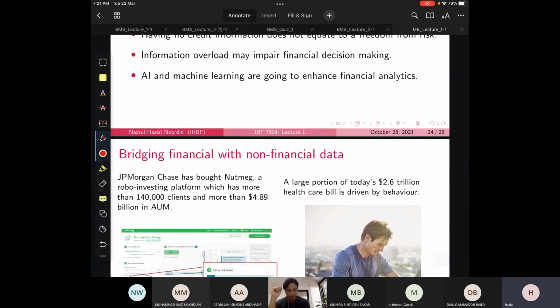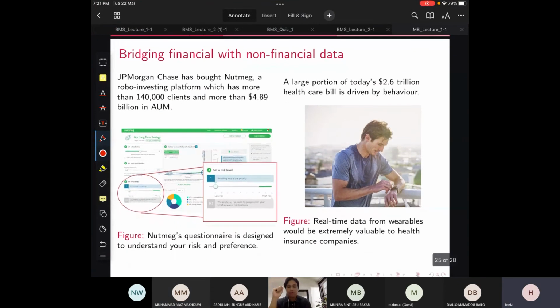Okay, all right. So now we have this kind of new development, for those people who are very high tech, using wearables. I don't have one. Usually they have a fitness watch, right?